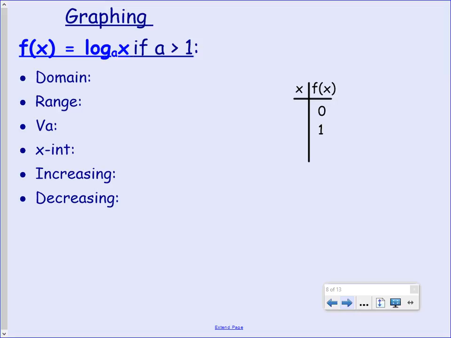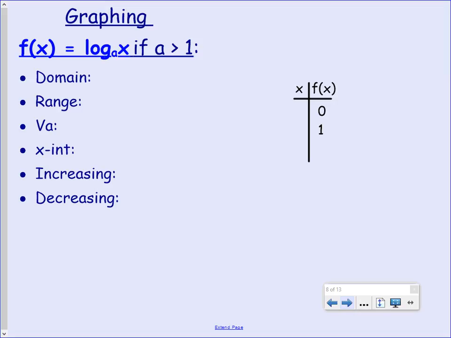Well, one thing I'll say is remember that the log is the inverse to the exponential equation. And if we go all the way back to chapter 1, when you're finding inverses, whether that be in a table of values, on a coordinate plane, in an equation, the main thing about the inverse is that you switch x and y.